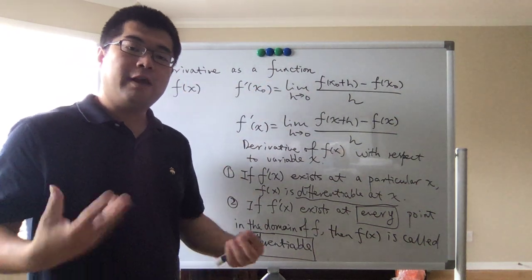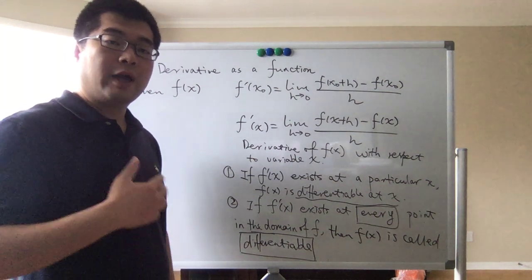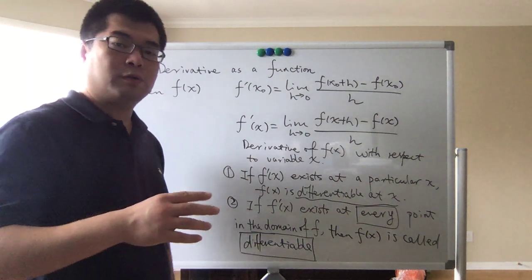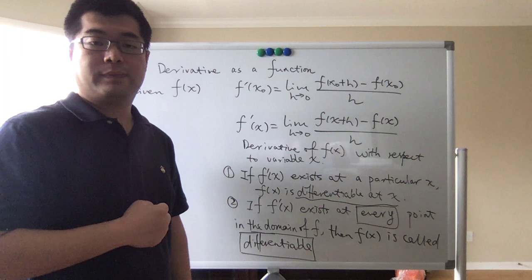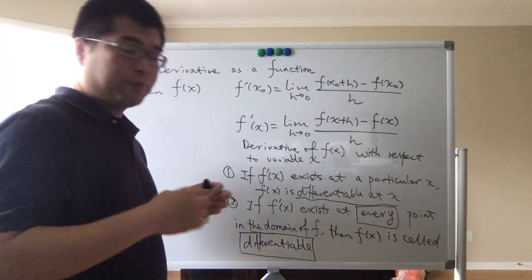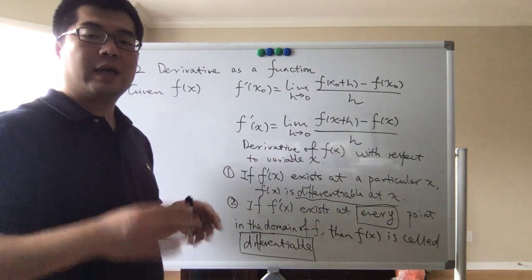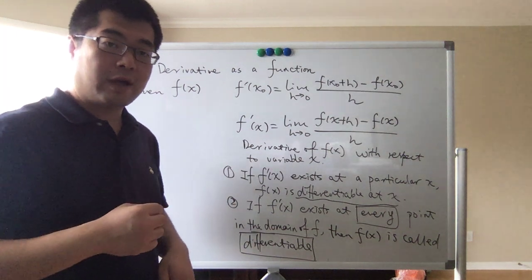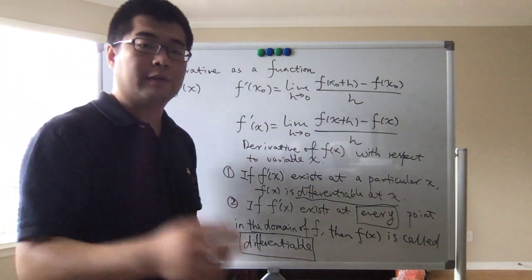And if f prime of x exists at a particular x, then we say f of x is differentiable at that specific x. And think about it this way: if f prime of x exists at every point in its domain, then we also have a name for this function, which is called differentiable.